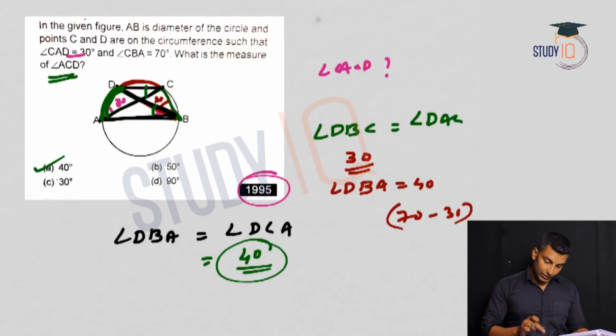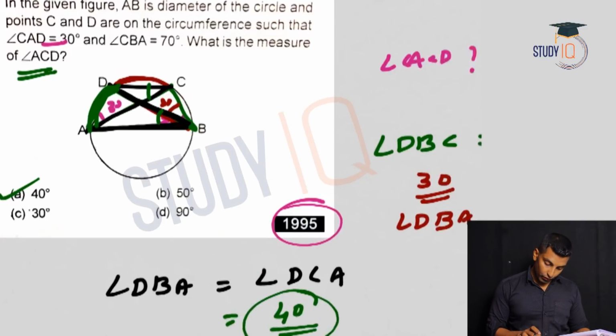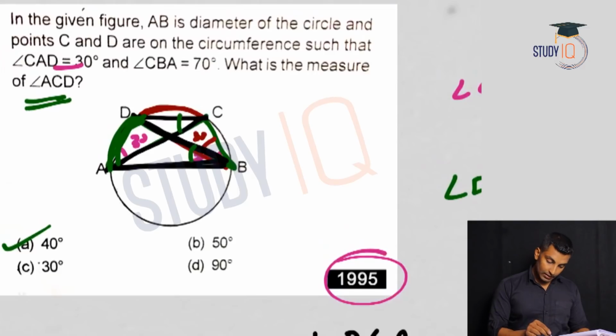So what we have done, it's very simple. So you don't want to have any confusion here. See, we know angle DAC, and what we know from the property is that from the same arc, this angle DBC, so this and this will be same.